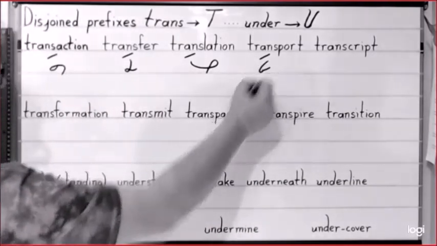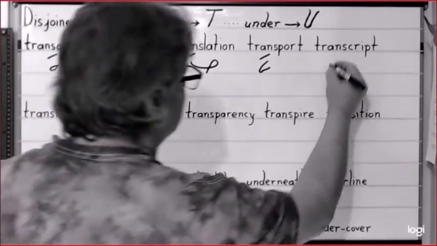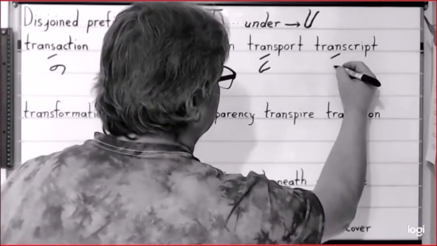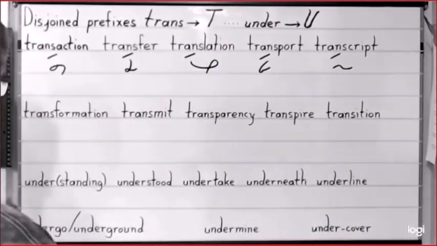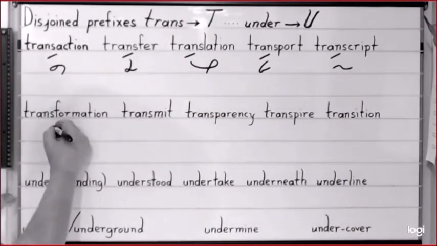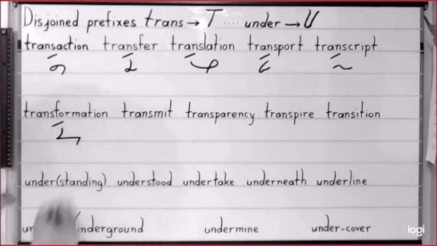Now this R here is understood. For transcript, it is a T, and then a K, and an R. For transformation, it is a T, F, M, SH.